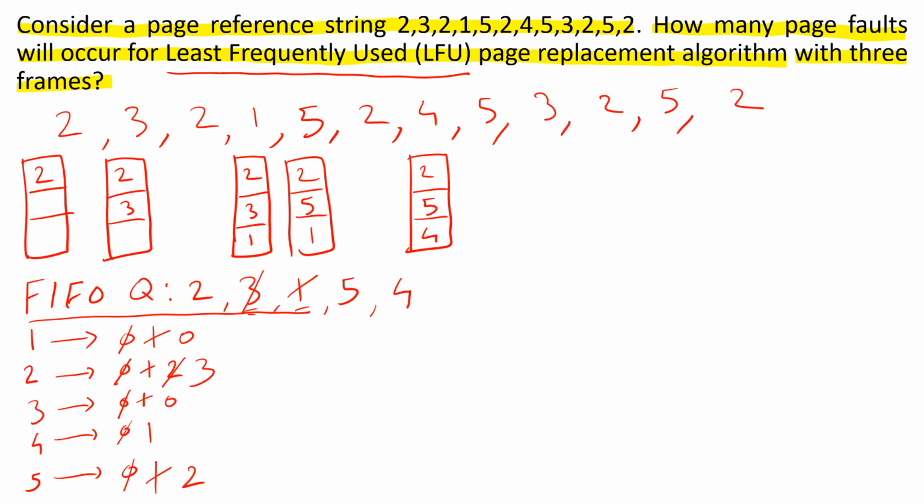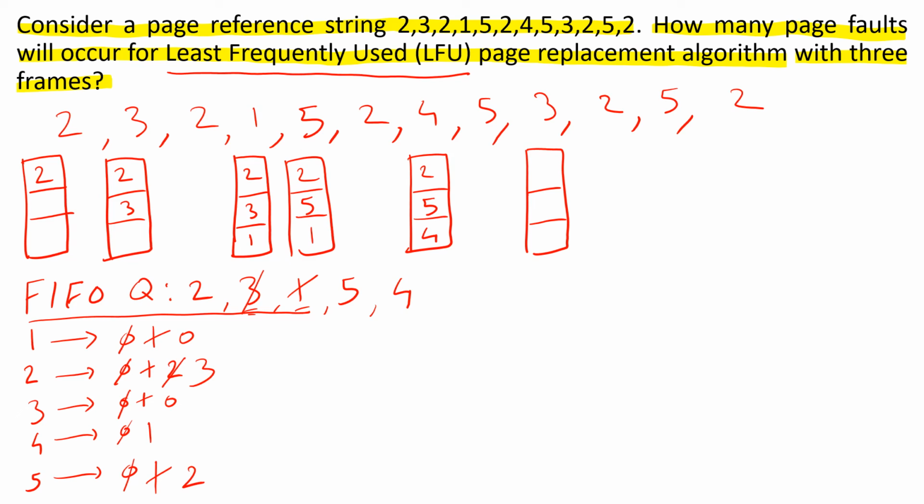Now we want page number 3. It is not there, so there will be a page fault. Whenever there is a page fault, we draw a new diagram. When there is no page fault, we don't draw any diagram. Now we want to bring 3 into main memory. We have 2, 5, 4. The reference count for 2 is 3, for 5 is 2, and for 4 is 1. The least frequently used page is 4.